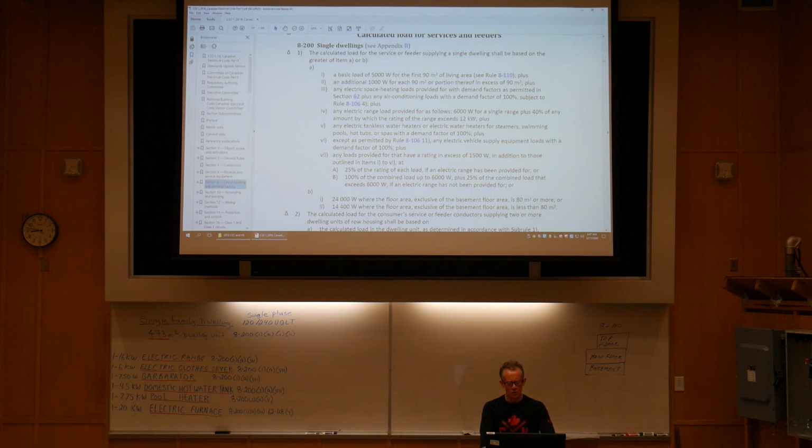Then, any loads provided for that have a rating in excess of 1,500 watts, in addition to those outlined in items I to VI, at 25% of the rating of each load, if an electric range has been provided for, or 100% of the combined loads up to 6,000 watts, plus 25% of the combined load that exceeds 6,000 watts, if an electric range has not been provided for.